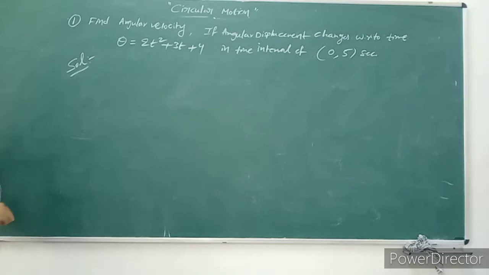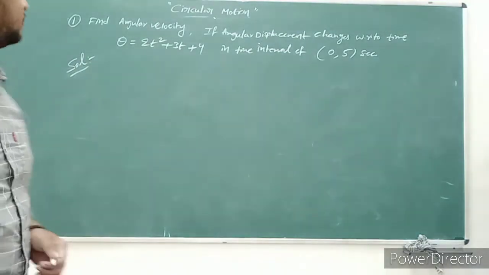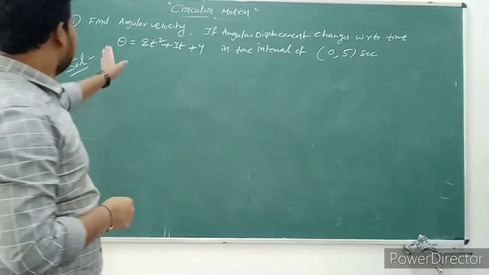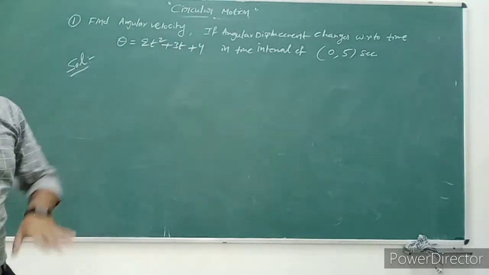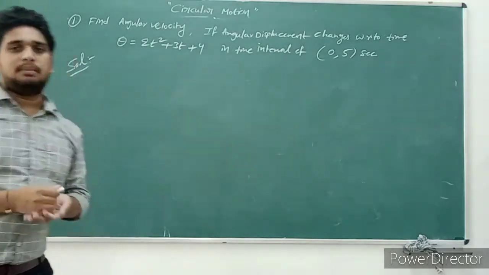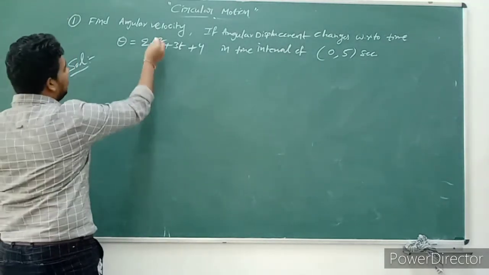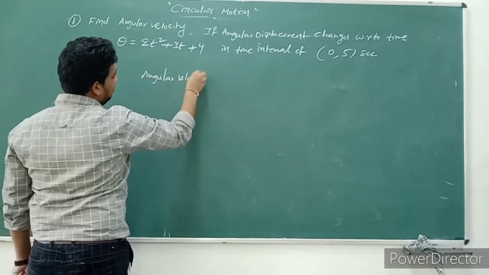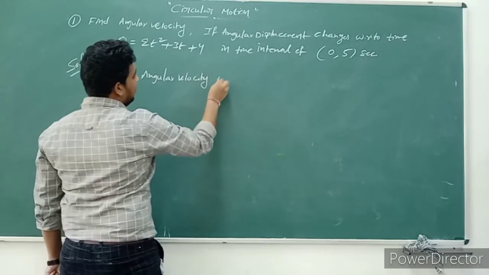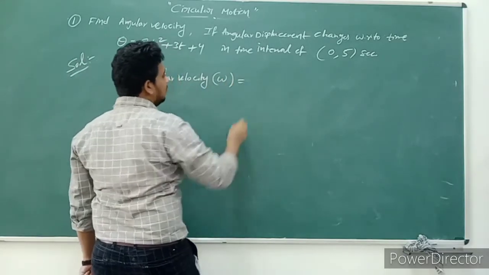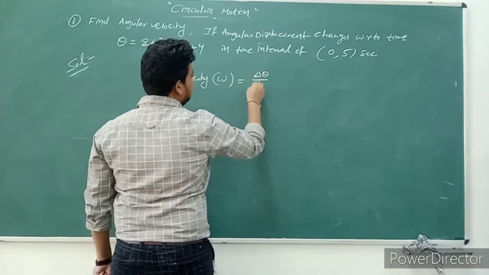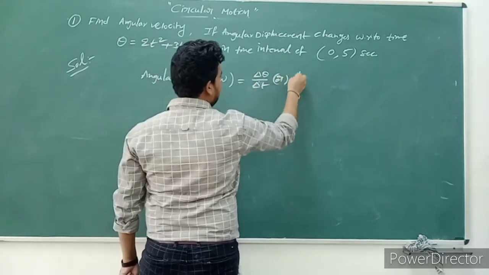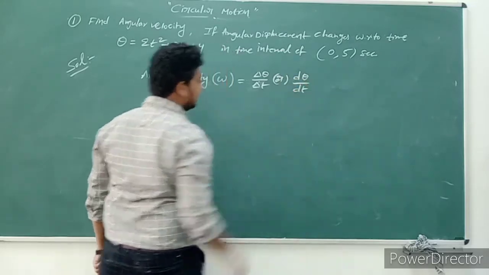What is the solution for this question? First of all, the angular velocity formula: omega is equal to delta theta by delta t, or d theta by dt.